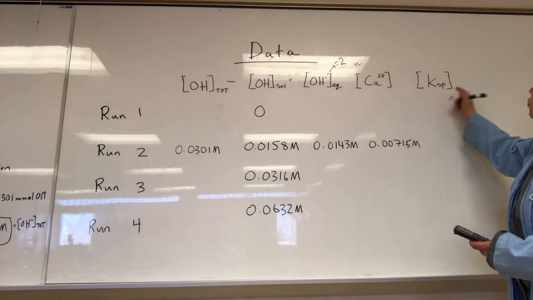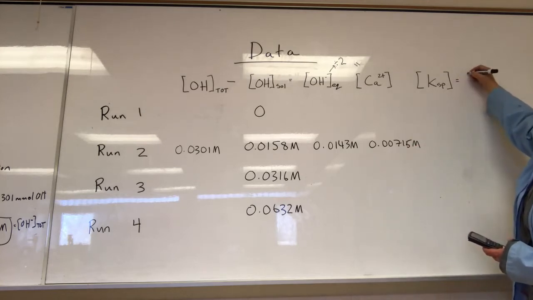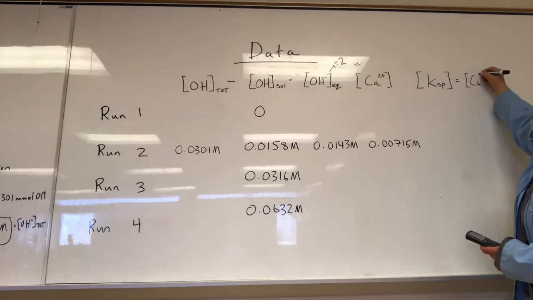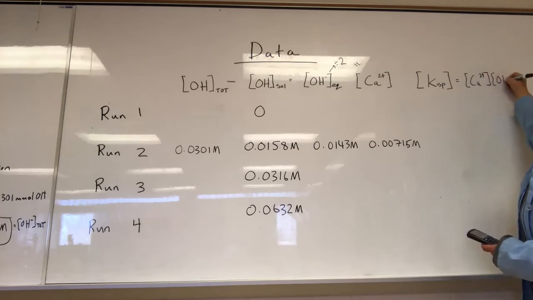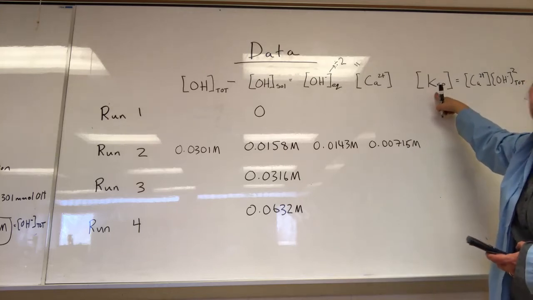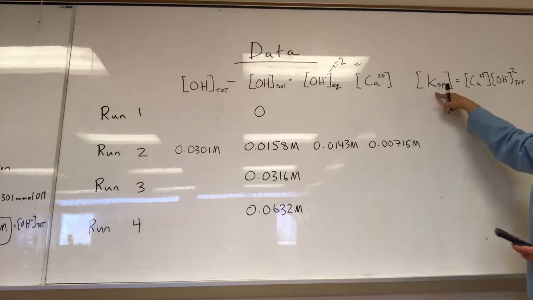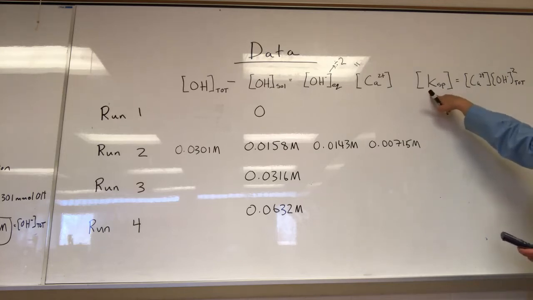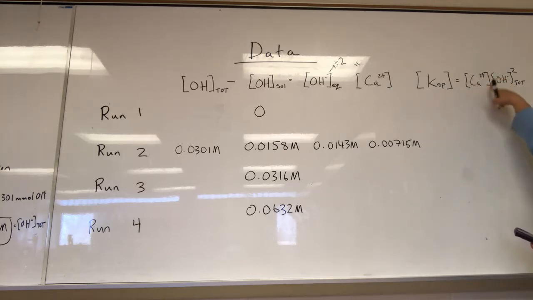Now, it's really important when you're doing the KSP to remember that you're going to take the calcium concentration times the hydroxide concentration squared, but this hydroxide has to be the total. The KSP doesn't care where the hydroxide comes from. It just knows that it has to manage the same number for whatever calcium ion concentration it finds in the solution and whatever hydroxide ion it finds in the solution.